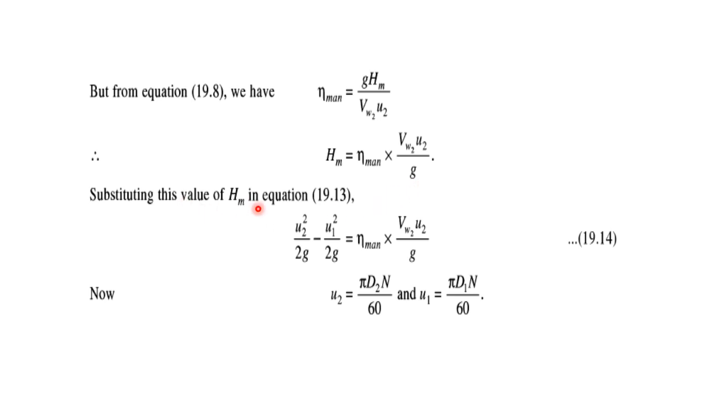Putting the value of manometric head in equation 19.13, we get u2 square upon 2g minus u1 square upon 2g equals manometric efficiency multiplied by Vw2 u2 upon g. From here, we have the values of u2 and u1. u2 is equal to pi d2 N upon 60 and u1 equals pi d1 N upon 60. So putting the values of u2 and u1 in equation 19.14.